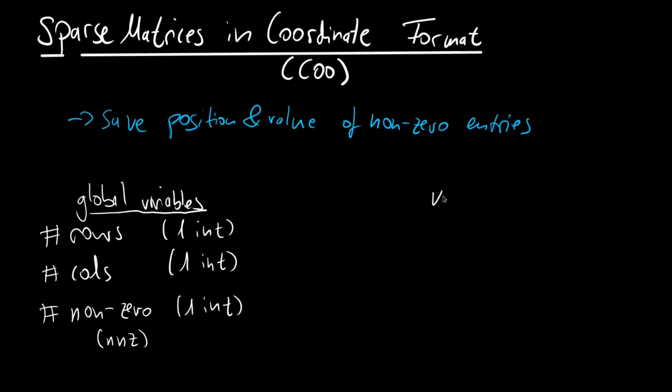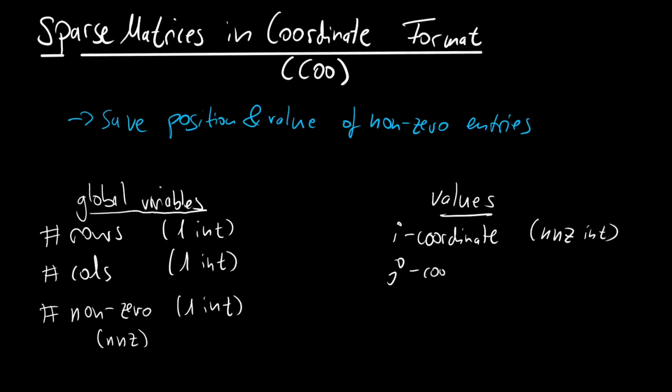And then we also, of course, have to save the values. This, for example, means we need the i coordinate, and we need this nnz times, and this is, of course, an integer. We need the j coordinate, and we need it again nnz times as an integer.